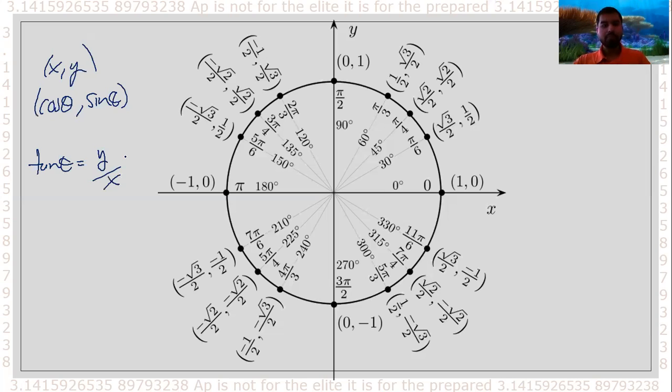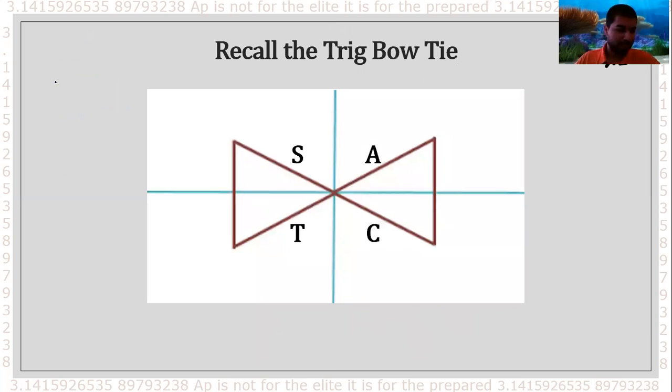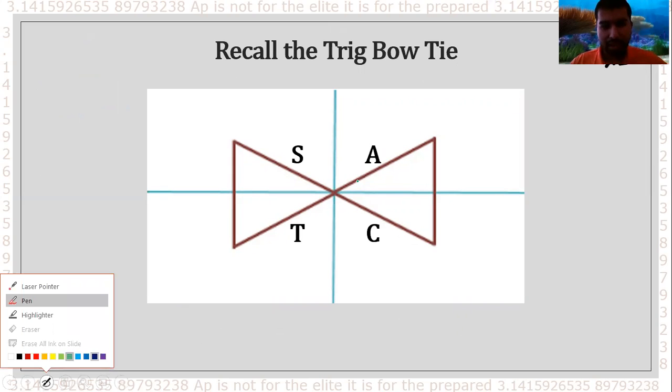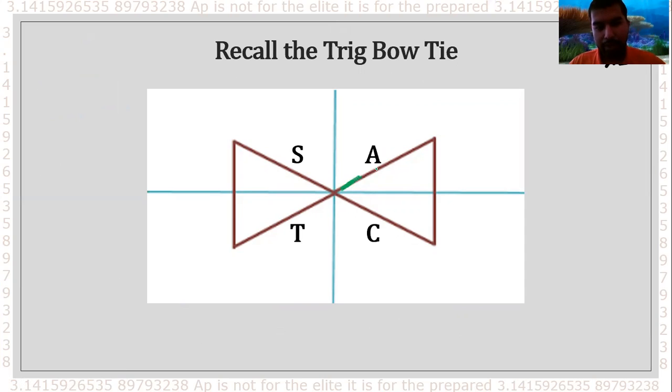Something that I also need you to be aware of is the trig bow tie. For the trig bow tie, friendly reminder, that is how we draw these triangles on here. If there is an angle, the terminal side would be at that angle in whatever quadrant it is.